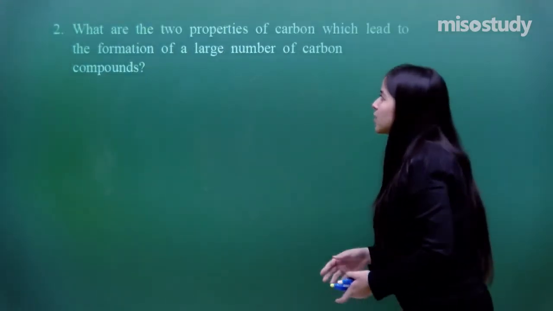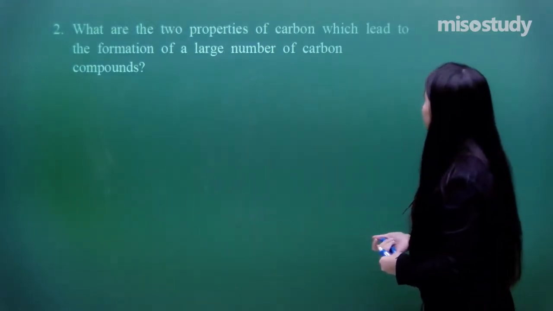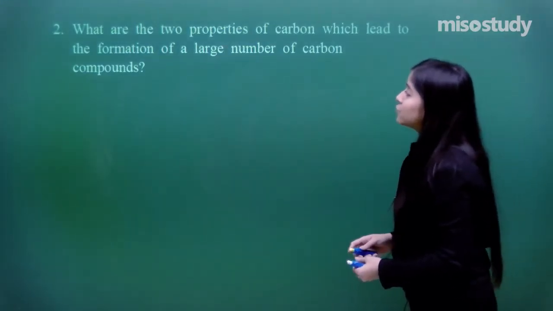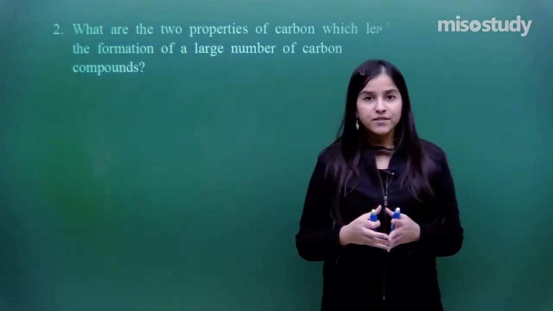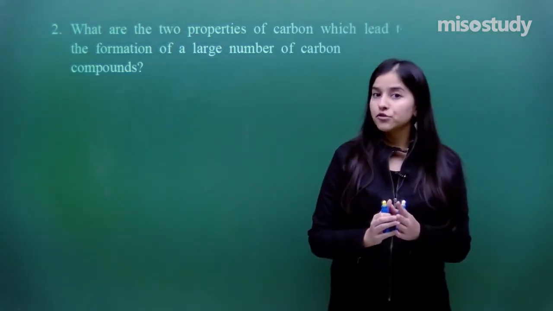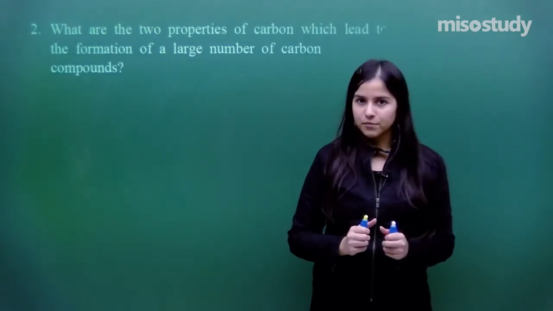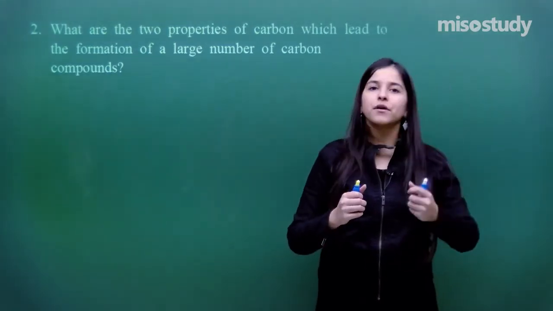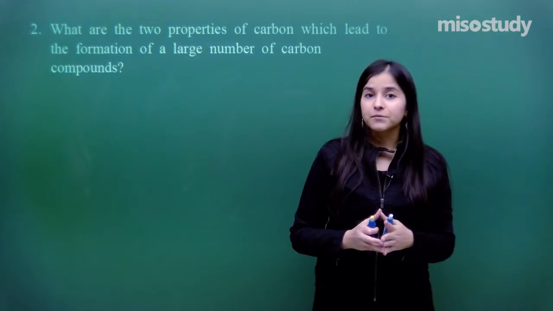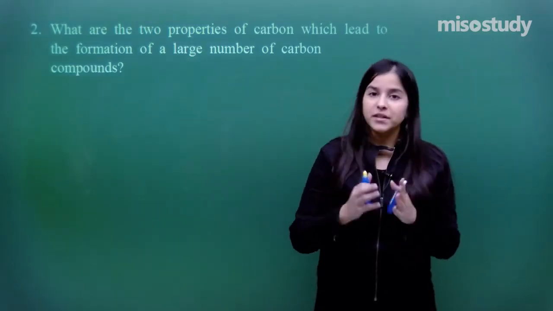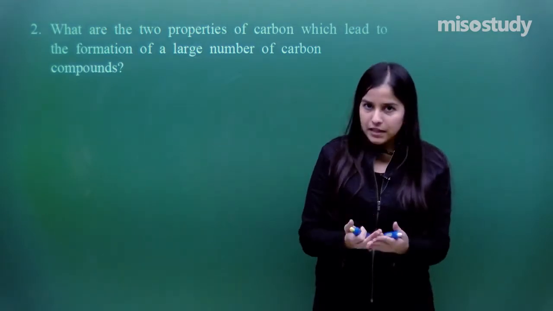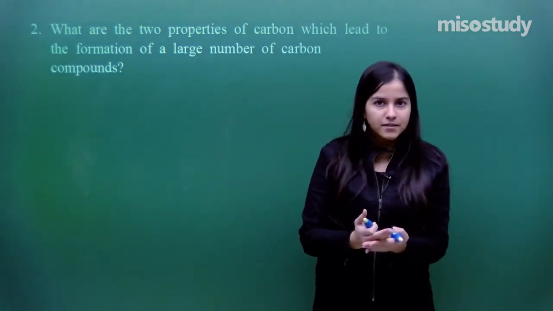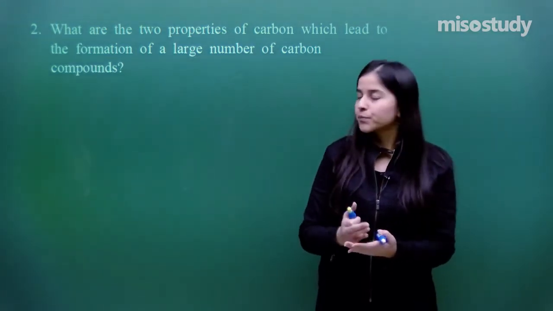Again a 1 mark question. What are the 2 properties of carbon which lead to the formation of a large number of carbon compounds? You must have seen most of the things around yourself are made up of carbon. If I talk about organic compounds, that means living organisms, human beings, your body, my body, plants and animals as well.